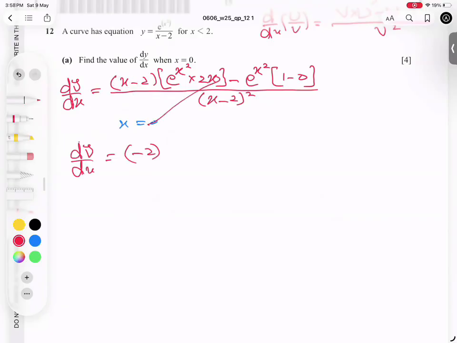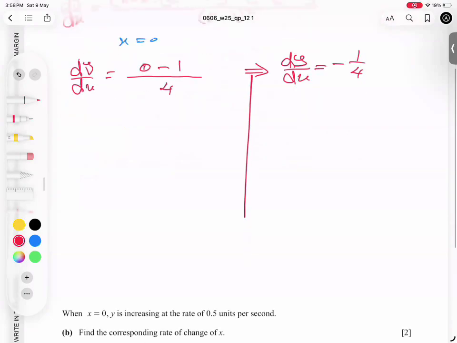When 0 is plugged in here, sorry to say, it is a full 0. So full 0, no need to waste time. When I plug in 0 here, something to the power 0 is 1. And when I plug in 0 here, -2 square gives us 4. So I'm getting here dy over dx equals -1 over 4.